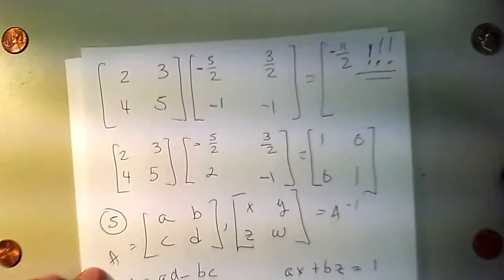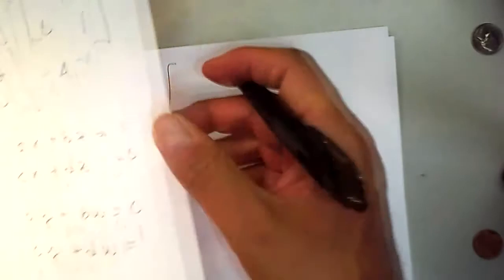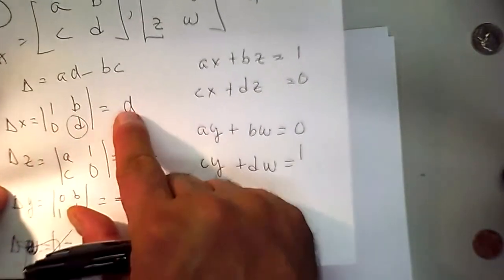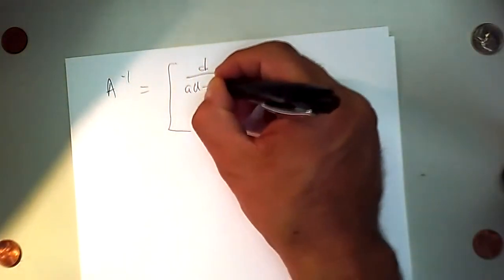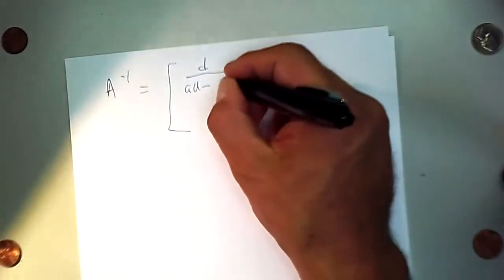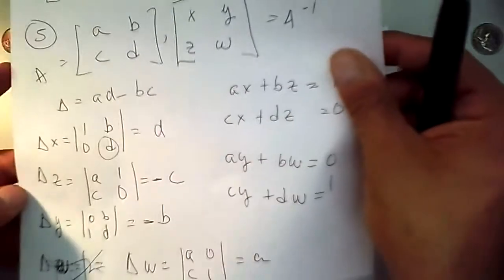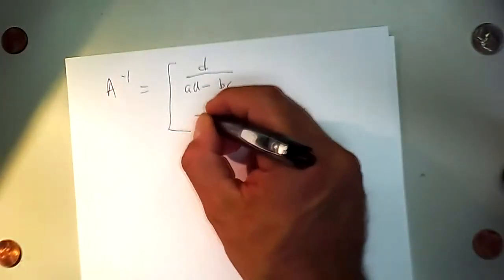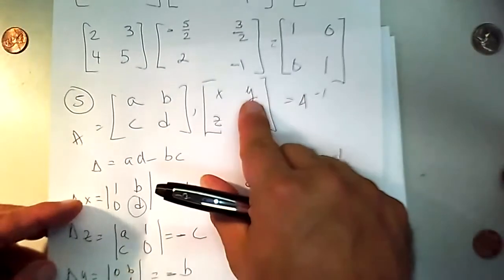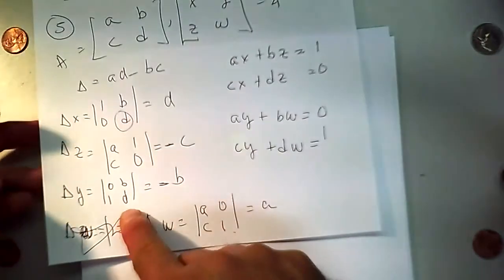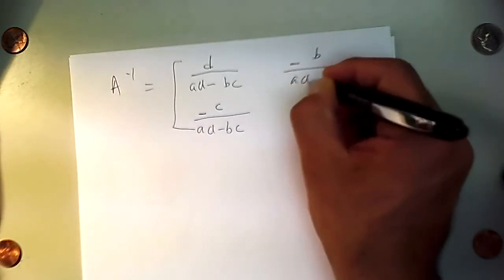So the inverse will be D over AD minus BC. That's just the upper left corner. Z will be negative C over AD minus BC. The upper right corner of the inverse will be the opposite of B over AD minus BC.